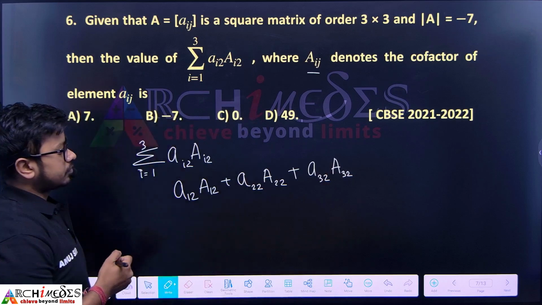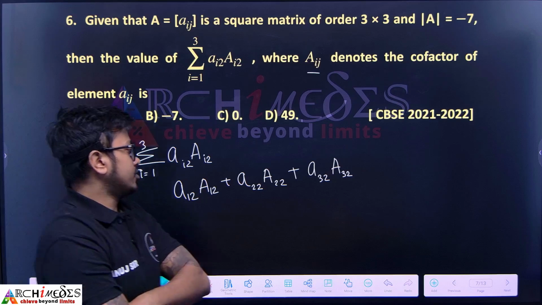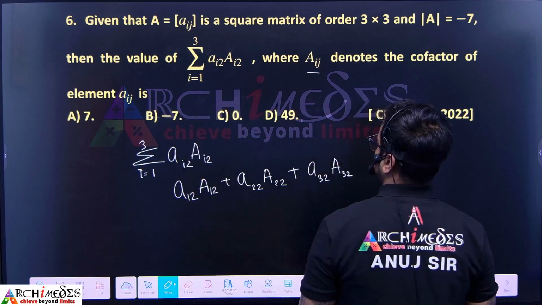Any doubt? Clear? So let's check whether it is 0 or the same determinant value. So look over it.